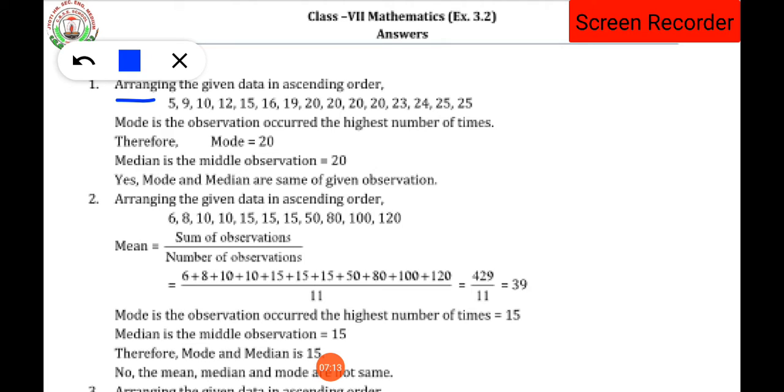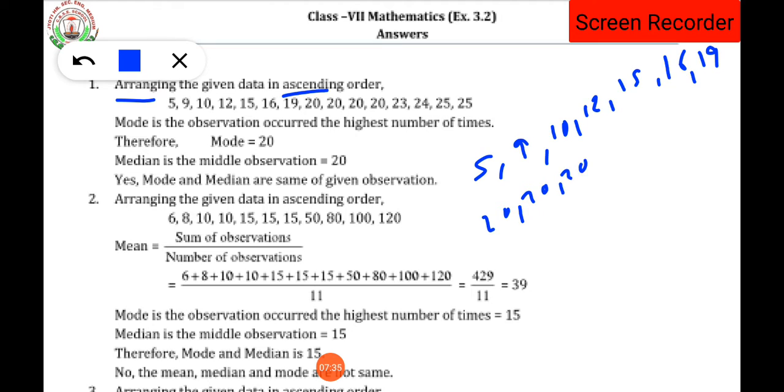So here the data given in the question is arranged in ascending order. Generally we arrange the data in ascending order, isn't it? So here all the data are arranged in ascending order: 5, 9, 10, 12, 15, 16, 19, 20, 20, 20, 20.